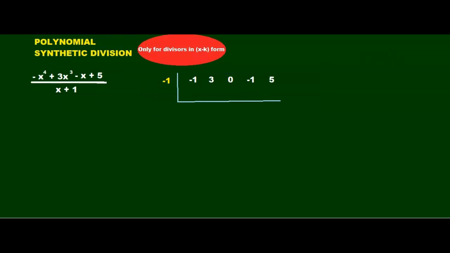Okay. So what we do next is we're going to bring down our first coefficient, which is negative 1. Then I'm going to do negative 1 times negative 1 gives me a positive 1. Going to bring it up there. Put my 1 there. Then I'm going to add down. So 3 plus 1 gives me 4. That up there, which is negative 1 times 4, which gives me negative 4.